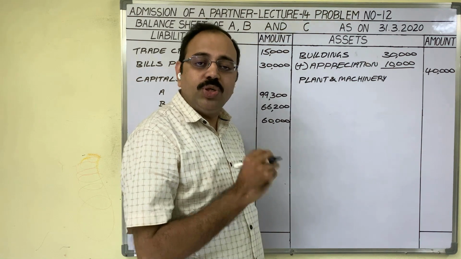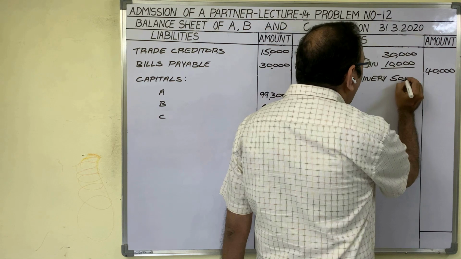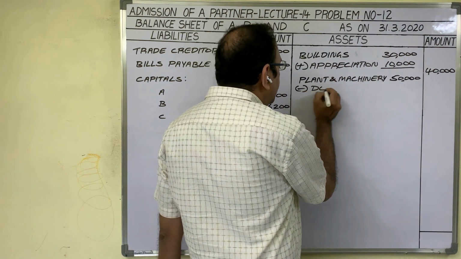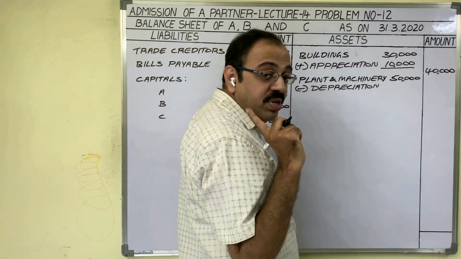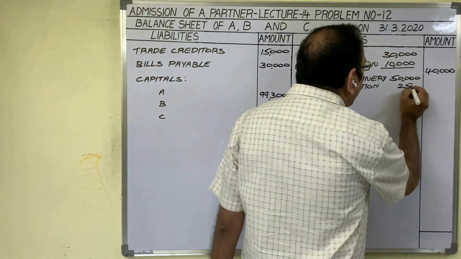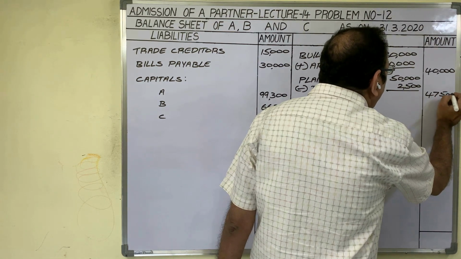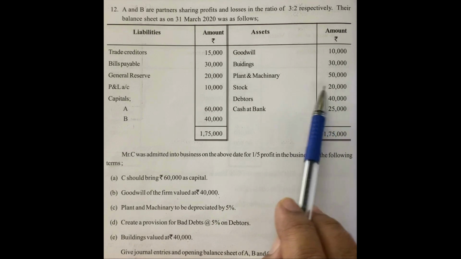So 5% we should deduct. 50,000 rupees in inner column, old balance sheet value minus depreciation, 5% on 50,000 rupees. In revaluation account, we have calculated the amount 2,500. So market value of this asset is 47,500 rupees.